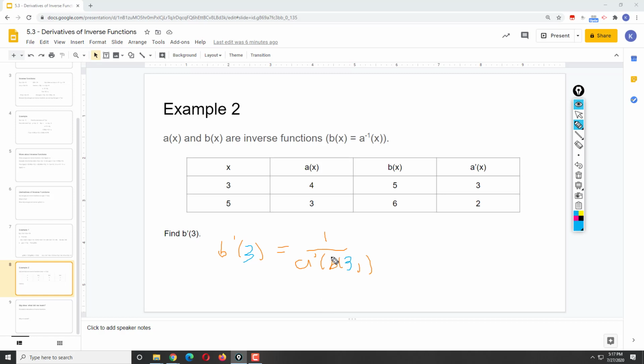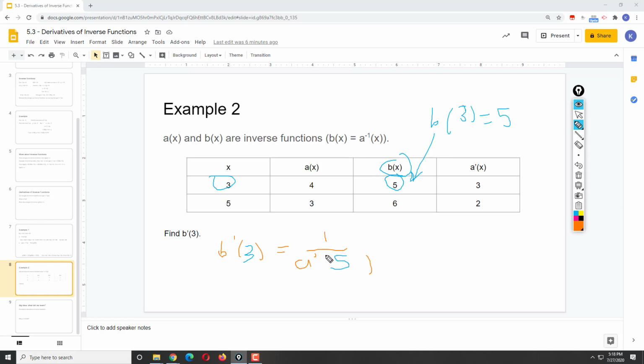Well, let's look at the first term. What is b of 3? We see from the table that when x is 3, b of x is 5. So this term tells us that b of 3 equals 5. Therefore, I can just replace b of 3 with 5.